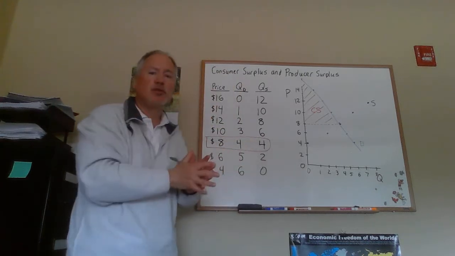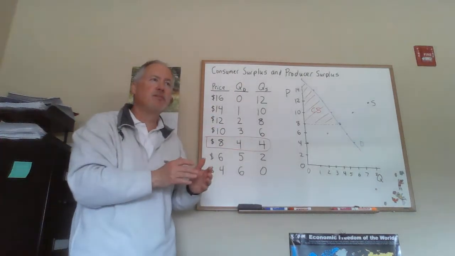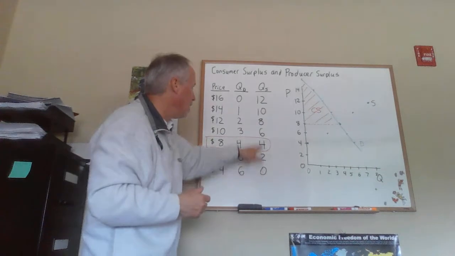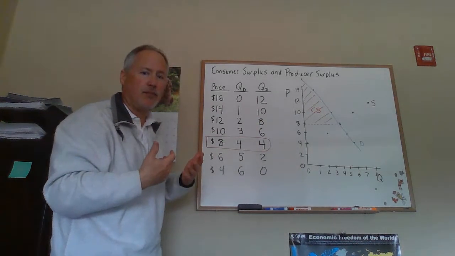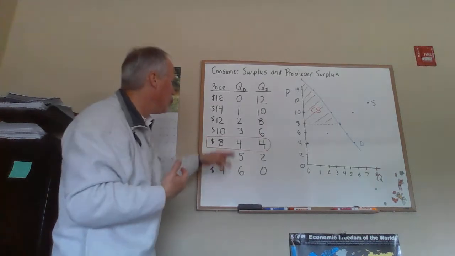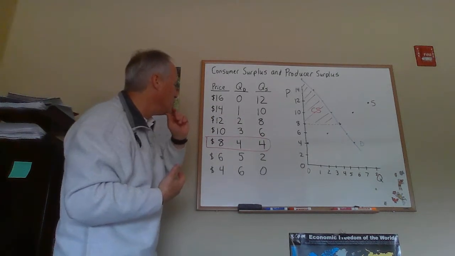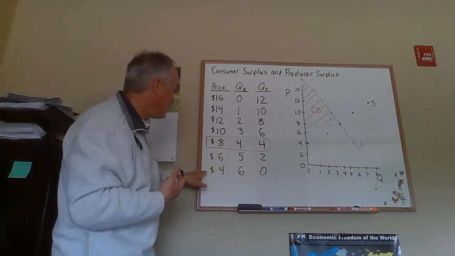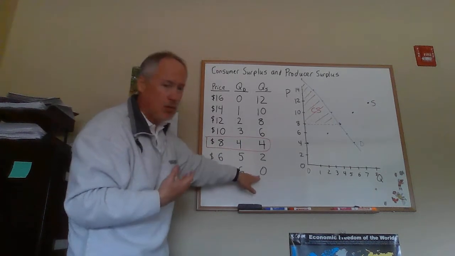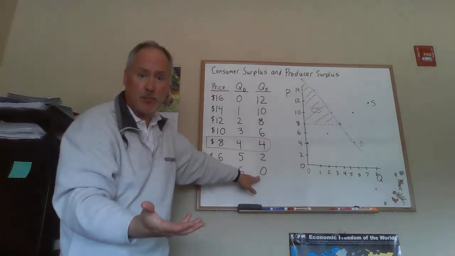Okay, now let's consider producer surplus. We want to go back to the supply curve and think about it again. The supply curve would say how much suppliers have to receive to supply some of this good. Well, we see down here at a price of $4, the quantity supplied is 0.